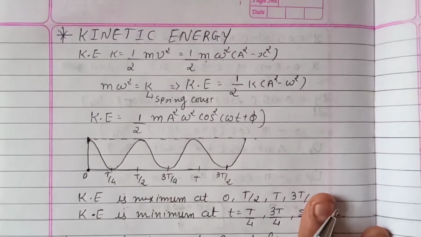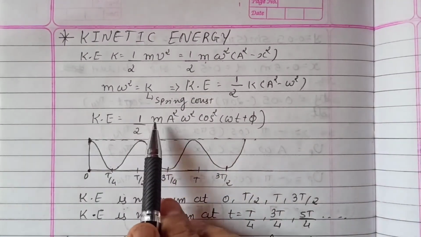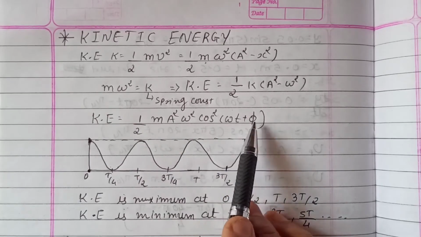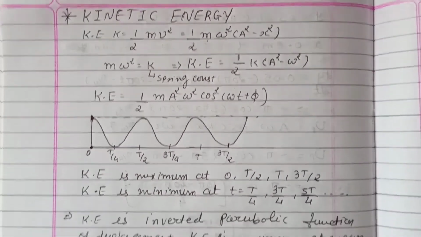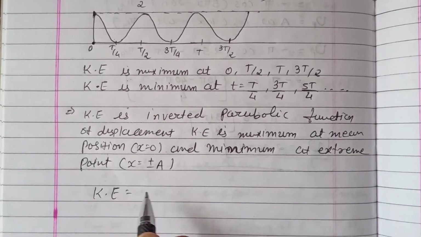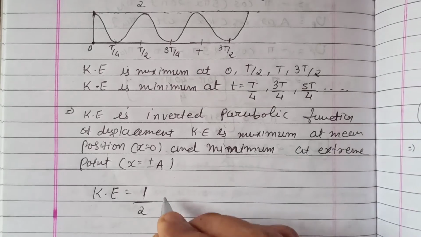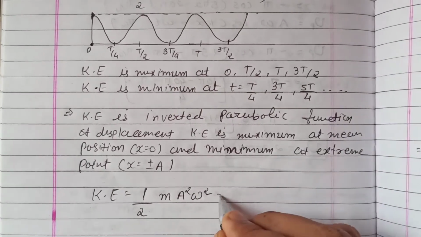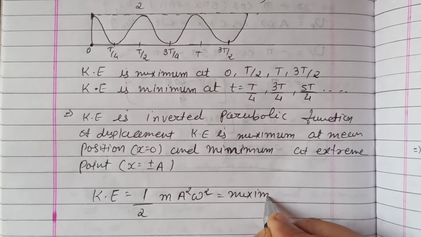Once again, to find the maximum value of kinetic energy, we assume cos square (omega t plus phi) is 1. So the kinetic energy is equal to 1/2 m a square omega square. This is the maximum kinetic energy.